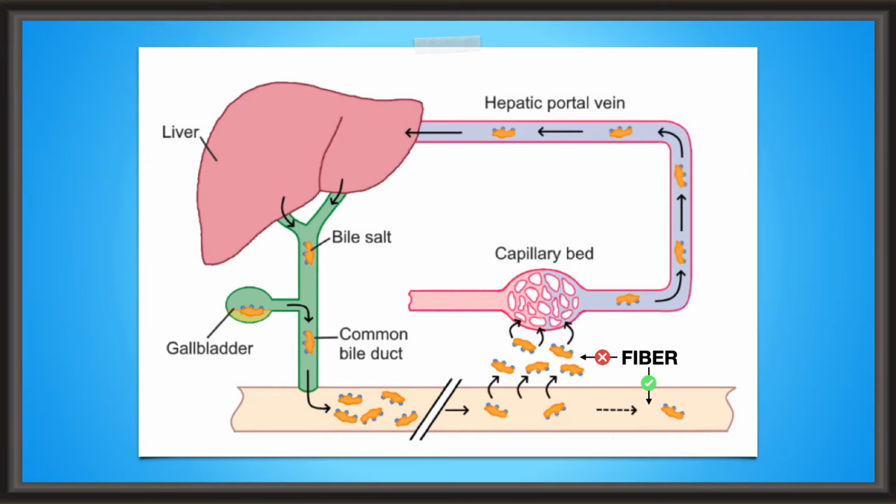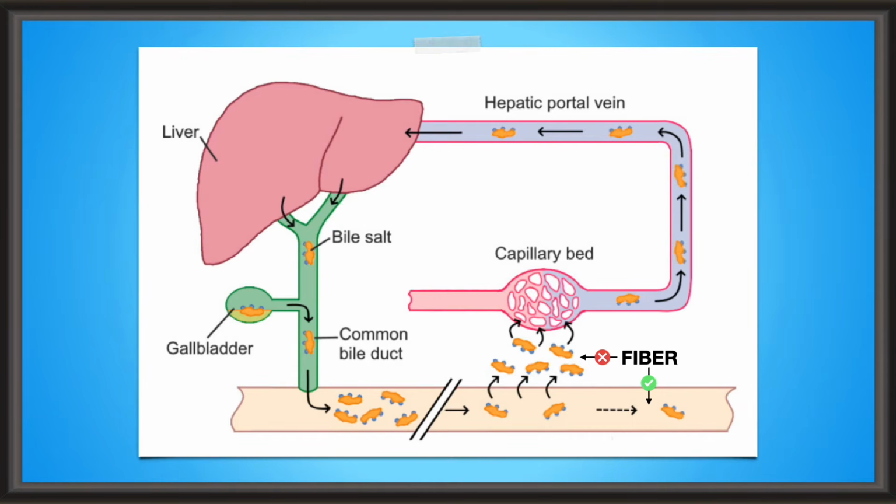Another benefit of fiber I mentioned was its ability to prevent cholesterol reabsorption, and this image shows how that happens. The liver produces bile and secretes it into the small intestine to assist with fat digestion. Under normal circumstances, some of the components of bile, including cholesterol, get reabsorbed further along the digestive tract and are recycled to make more bile. However, this process is interrupted in the presence of fiber, which binds the cholesterol and causes it to be excreted in the feces.